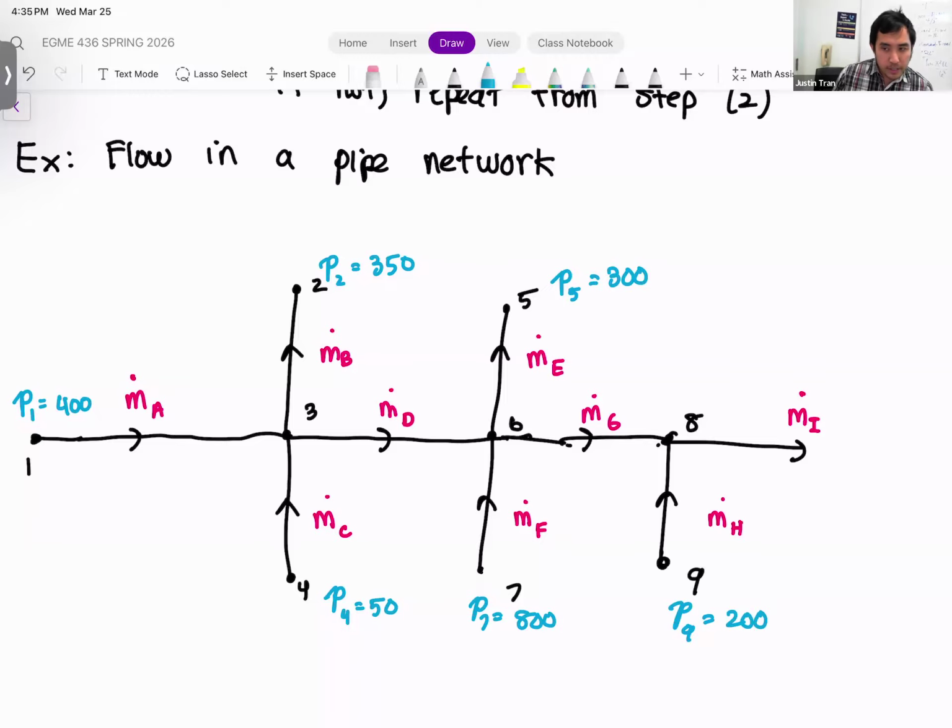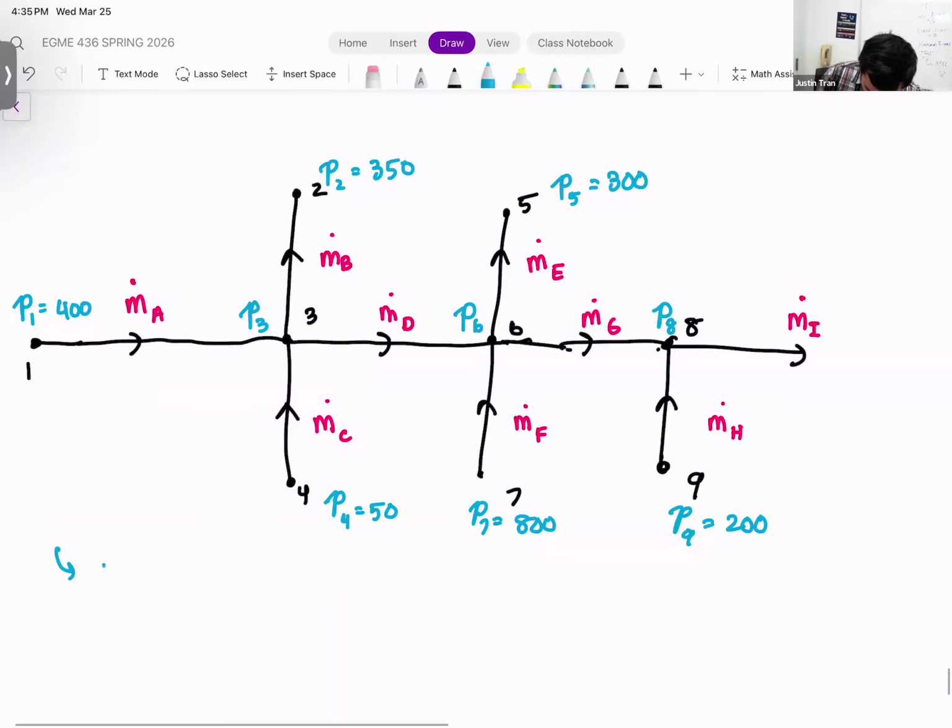And then the pressures on the interior, so pressures 3, 6, and 8, those are going to be our unknowns. So that's essentially what we're going to be solving for. So you have P3, P6, and P8, the interior pressures.